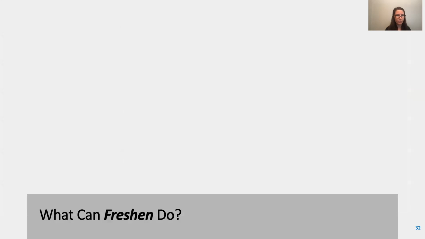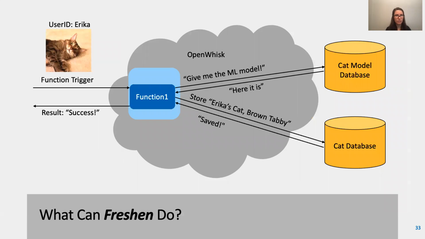If we can't execute Freshen proactively, we can begin to ask, what can Freshen actually do? And to answer this question, we'll go back to our initial IDCAT example. So the first thing we'd want Freshen to do here is to prefetch some data, specifically the ML model. The second thing we'd want it to do is warm the connection.